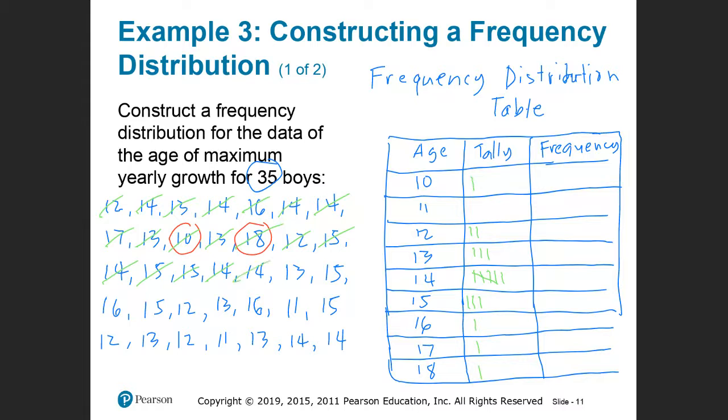And then another 14, 13, and then we have 15.